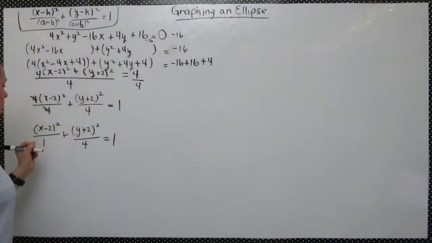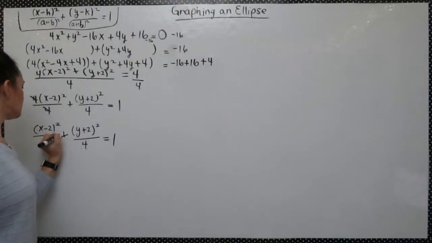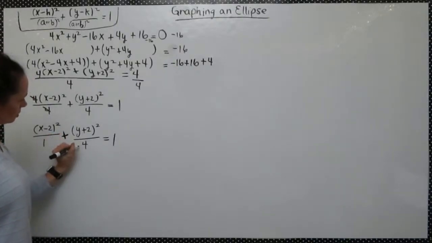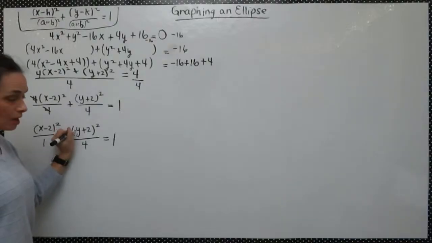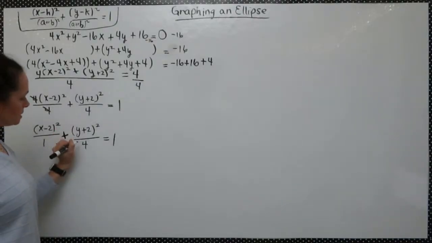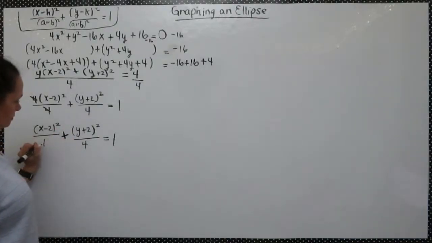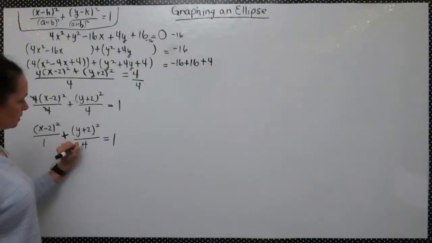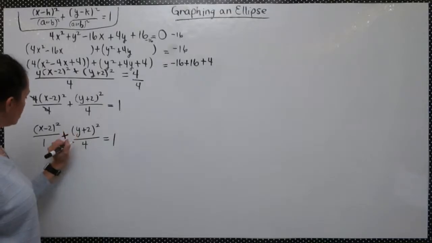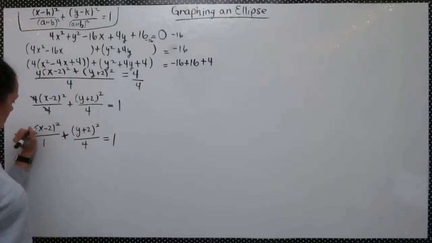And so we're looking here, and do you see how 4 is associated with y, and it's bigger than 1? So we have got to pick A to be with y, so B is going to be with x.